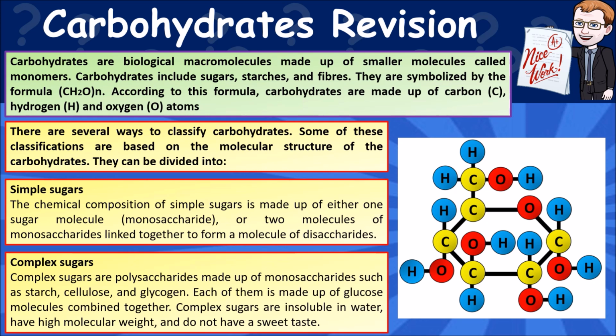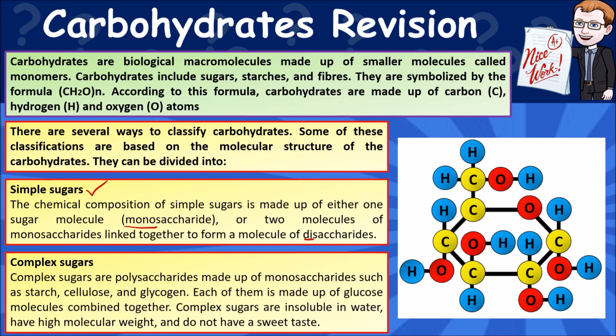Some of these classifications are based on the molecular structure and can be divided primarily into simple sugars. The chemical composition of simple sugars is made up of either one sugar molecule, a monosaccharide, mono meaning one, or two molecules of the monosaccharide linked together, forming a disaccharide, di meaning two.